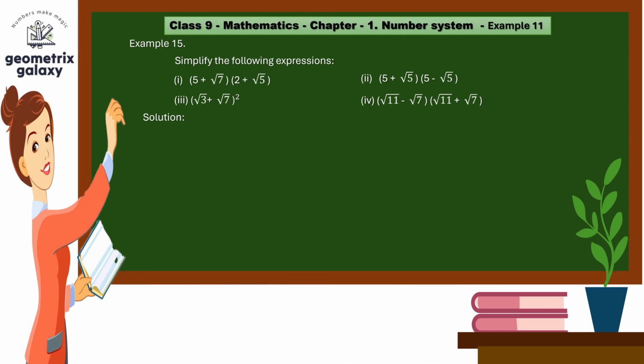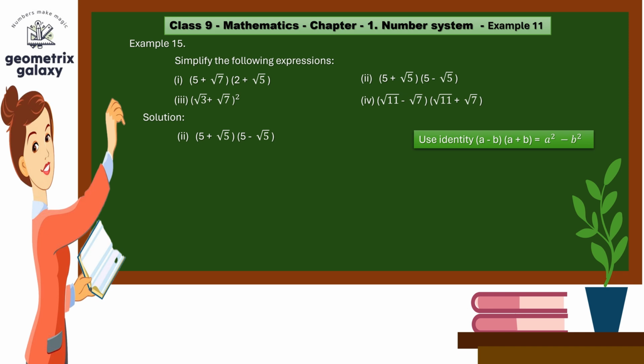Now let us see our second subdivision. (5 plus root 5) into (5 minus root 5). By seeing this question, what identity comes to your mind, students? Yes, it is (a minus b) into (a plus b) is equal to a square minus b square. If you observe the question, the terms are the same, 5 and root 5, only the sign changes.